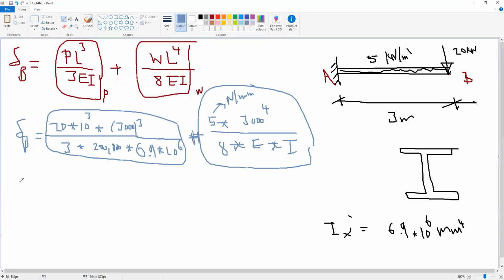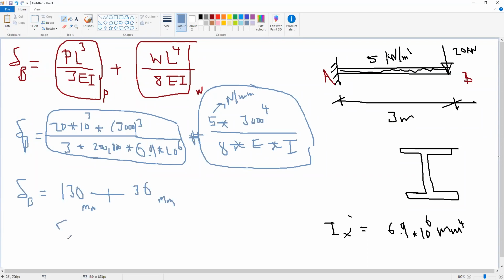So delta B finally will be, for the concentrated load, 130 millimeter, and for the uniform load 36 millimeter.